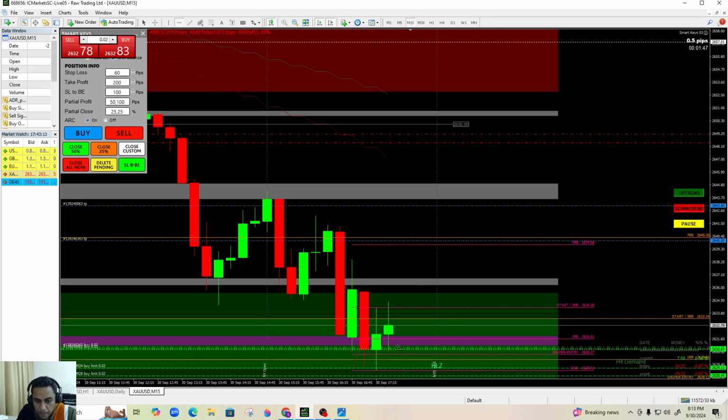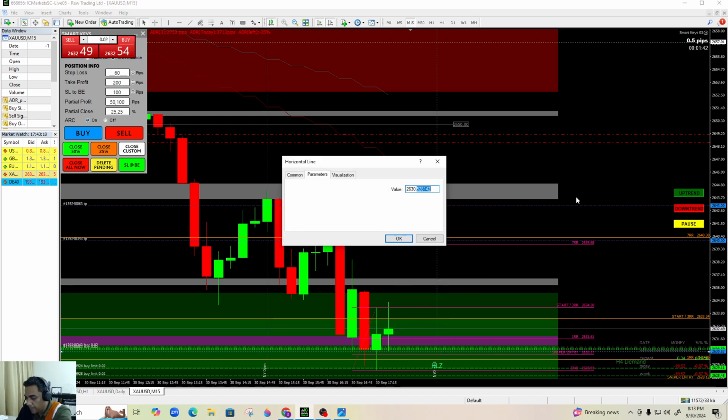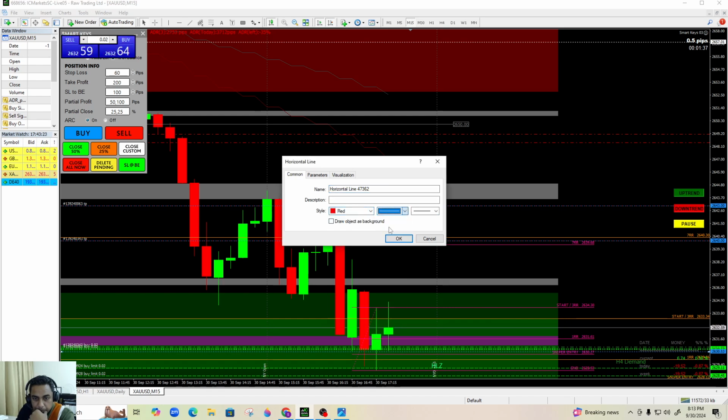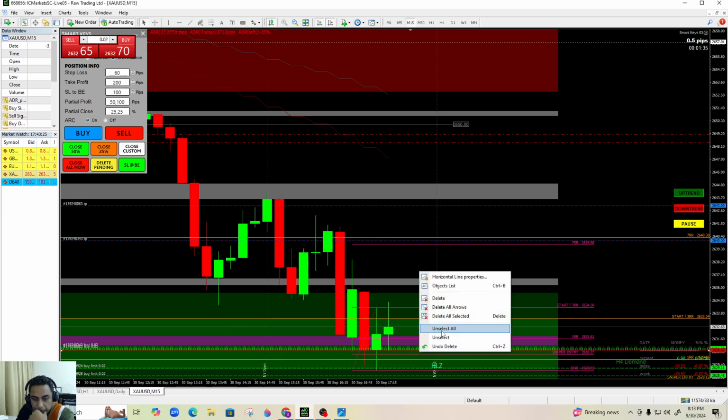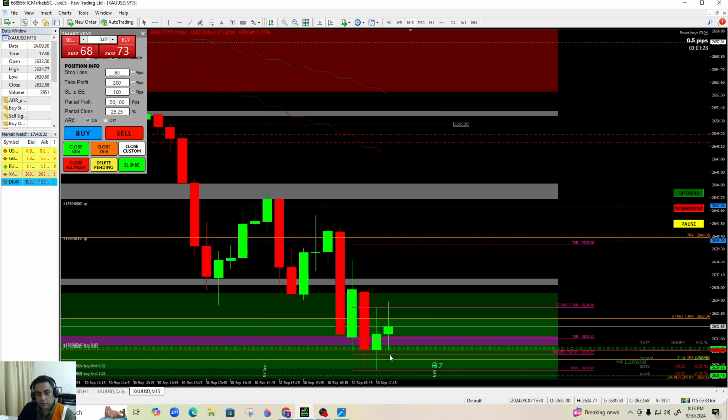$30.60. That's the M15 low. So if I close both my trades there, then both these trades, the positions, are closing at break even, right?